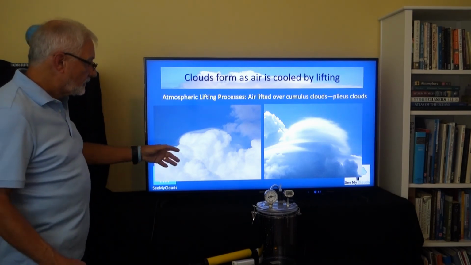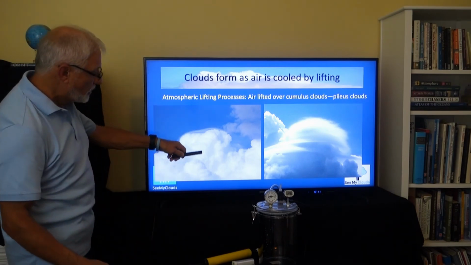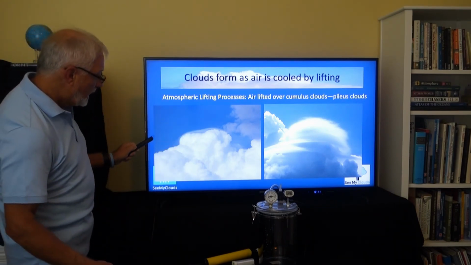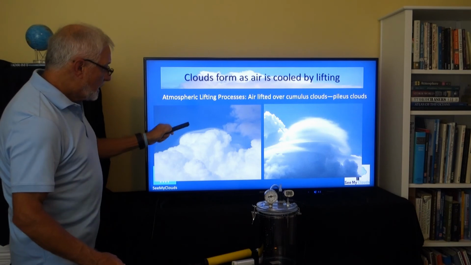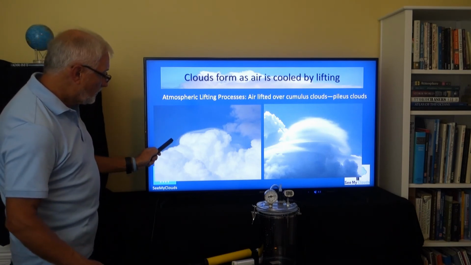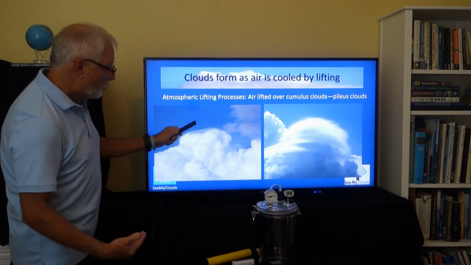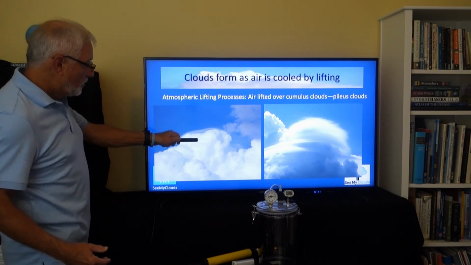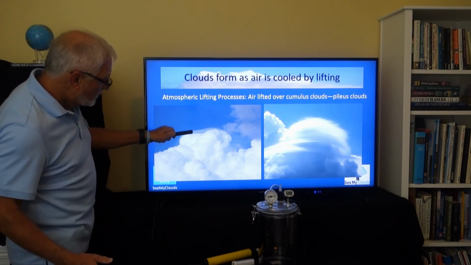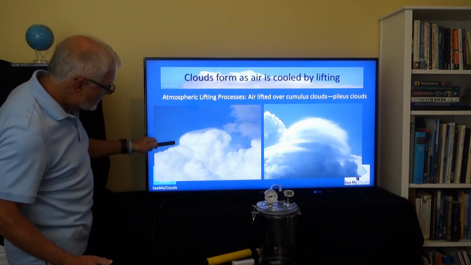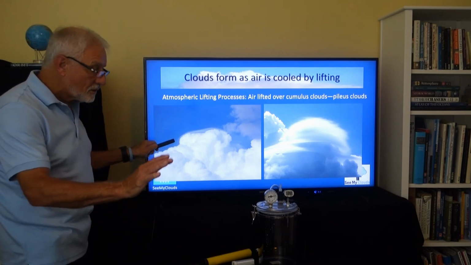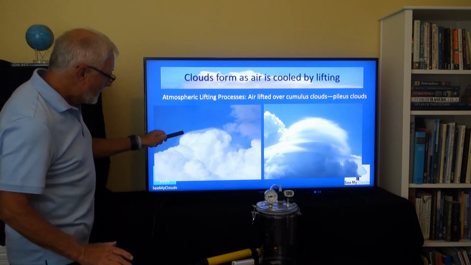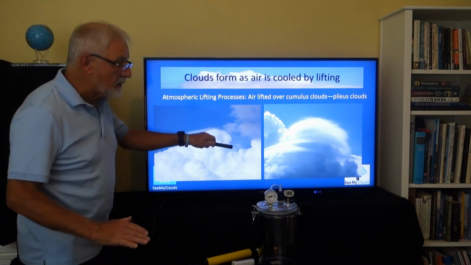So another way we can get lifting, if we have a cumulus cloud, so say if there's an updraft here in this cumulus cloud, and the airflow is like this, then the flow is perturbed upwards by this rising thermal that comes up here. And so here's a little cloud that tops this. You can see this. So as the air, this is like the mountain cloud in a way. The air is coming up, condenses, and then as it goes down again, it evaporates.